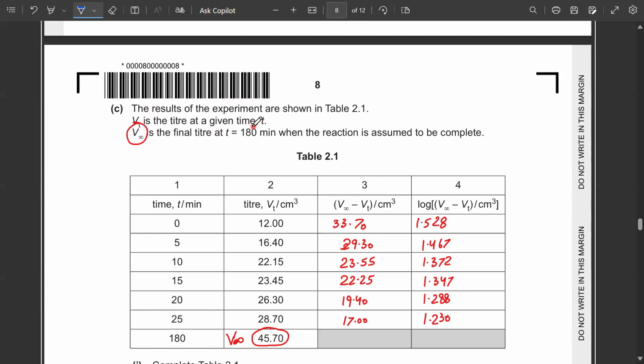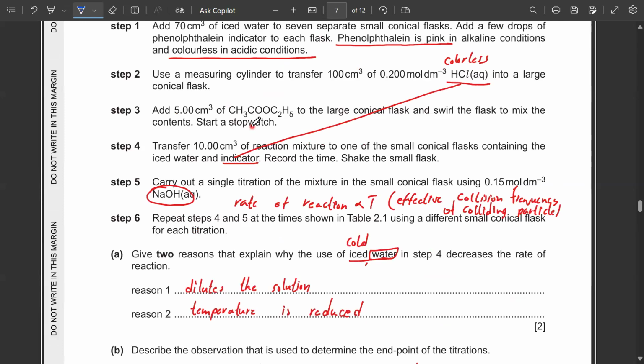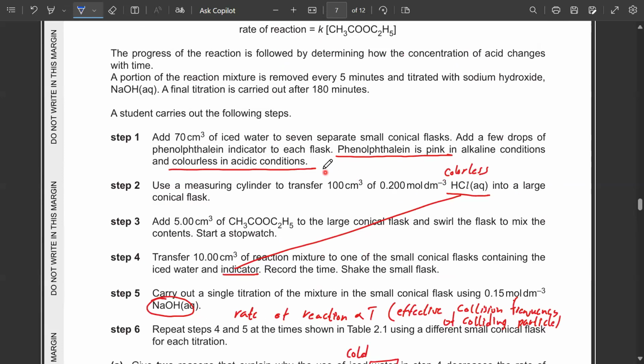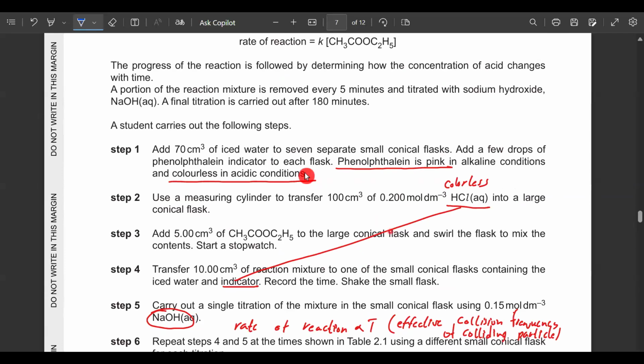So if we go back to this part where the experiment was being carried out, we can say that the actual time of the sample removed in step 4 was higher than the recorded time.